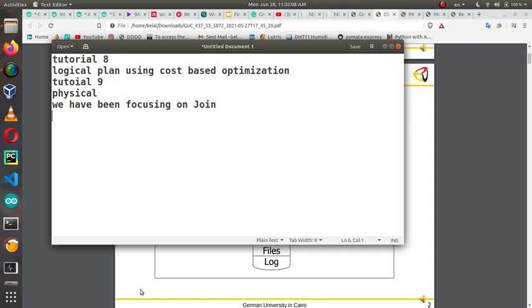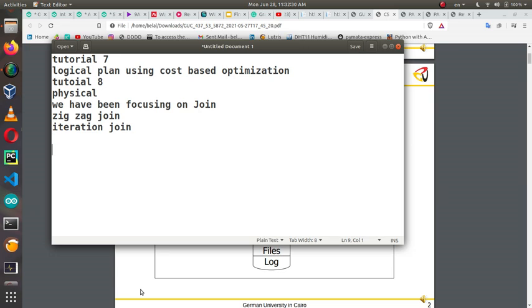We learned two types of join operations: the zigzag join and the iteration join. Sorry, this should be 7 and this should be 8.